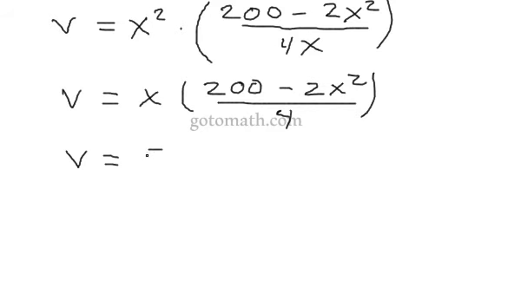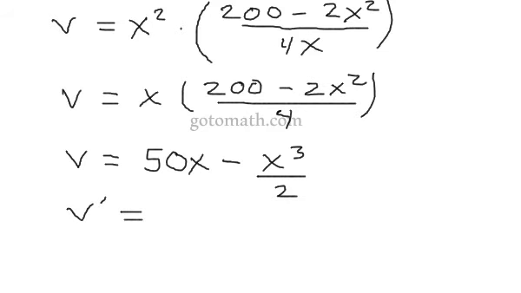So we're going to be left with a 50x, and then distributing the x across again, but the 2 goes into the 4 twice, and we're going to be left with an x cubed over 2. Now we can finally take the derivative.